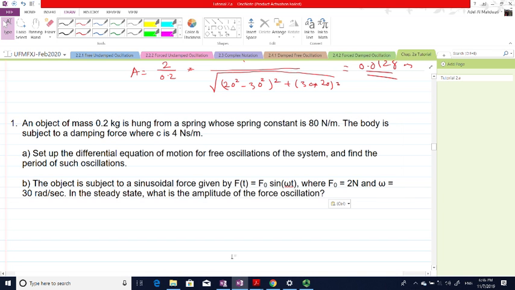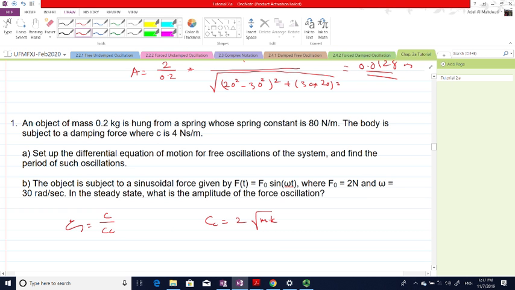So what you will get in here? For part A, compared to the previous one, the same equation of motion, there is no change, but what you need is zeta. You remember zeta would be C over critical damping CC. CC is what? 2 square root of mk, right?